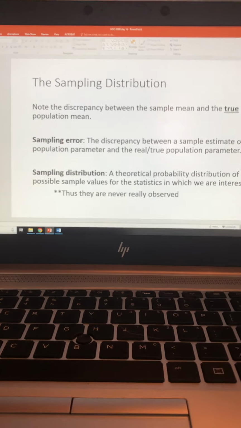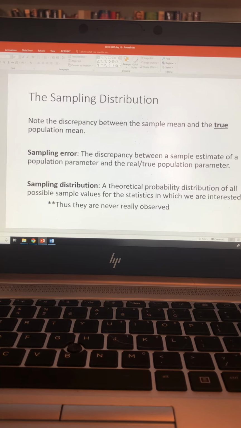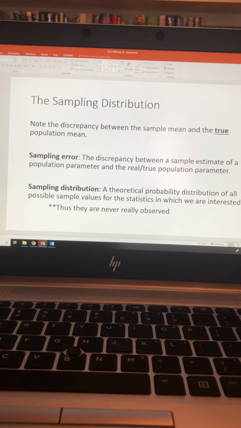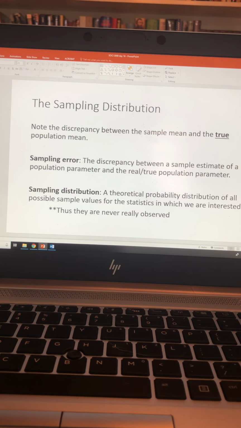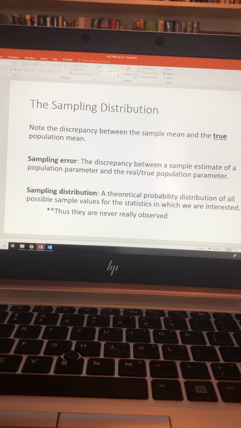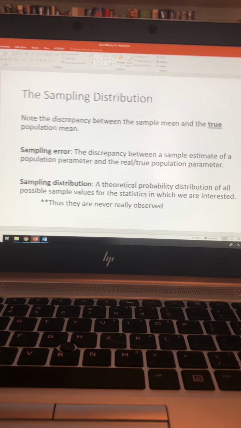To put that in simpler terms, recall the example from Miss Pratt where you took, I can't remember if it was 3 or 5 samples, from the population of data in the GSS. It was basically assume that the GSS was a hypothetical population and you took samples from it.